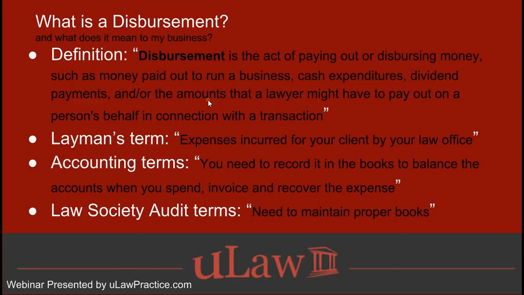Okay, so let's assume it's a matter. That's the transaction for a specific person, which is your client, and you're basically paying out an expenditure that you're incurring on his or her behalf, or an individual entity's or company's behalf, as part of that transaction. That's how you would define that disbursement. But in layman's terms, these are expenses that are incurred on behalf of your client by your legal office.